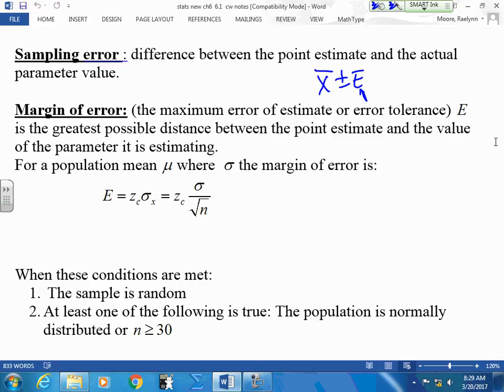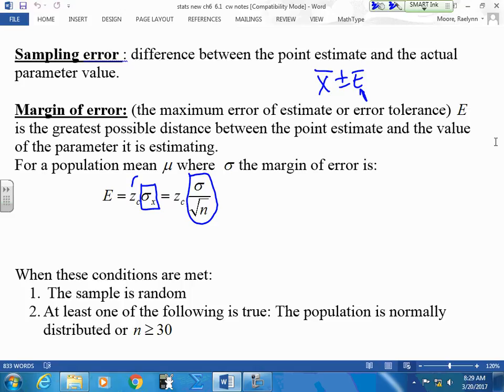The margin of error formula says I need to know how confident you are. What's your confidence interval? How do I find that ZC for that confidence interval? And because you used a sample, I need you to take your standard deviation and divide it by the square root of n, same as we did with your central limit theorem.